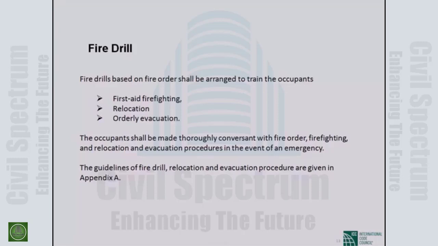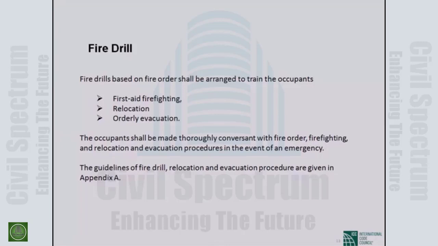First aid means firefighting done by the inmates of the building, not the professional firefighters. That is the hydrant system, which can be handled by the inmates or the inhabitants of the building. They can fight the fire primarily. We call this first aid firefighting. It can be with the hydrants, or with portable fire extinguishers.